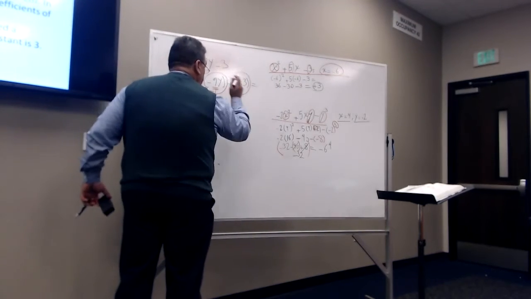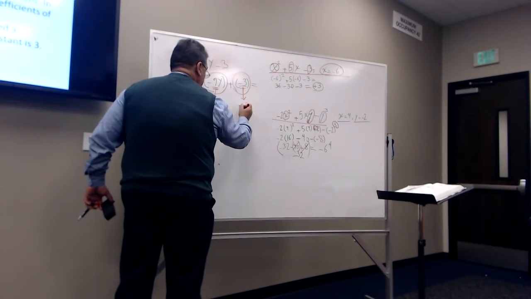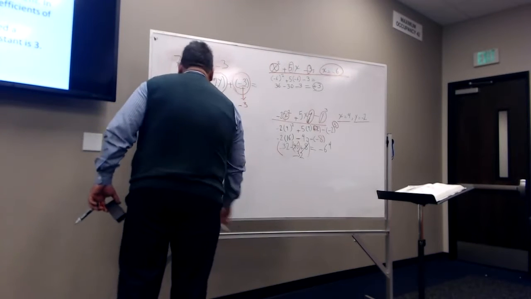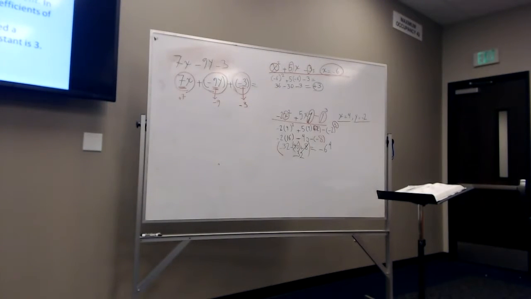These that are representing a specific number, they call constant. Minus 3. Okay. Would it be safe to say the number next to a variable is a coefficient?